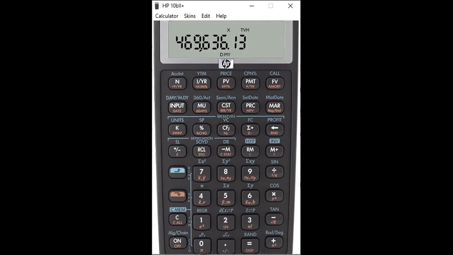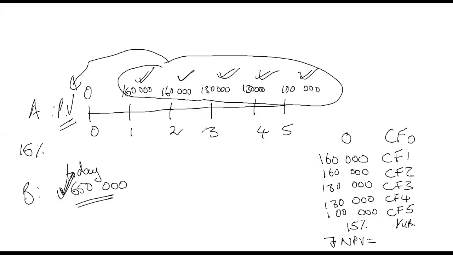So it means the present value of all these cash flows is 469,636.13. That's how much all these cash flows are worth today. They are worth 469,636.13. Okay.